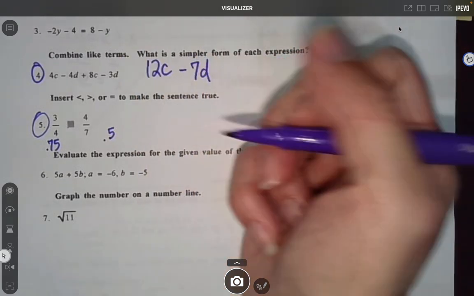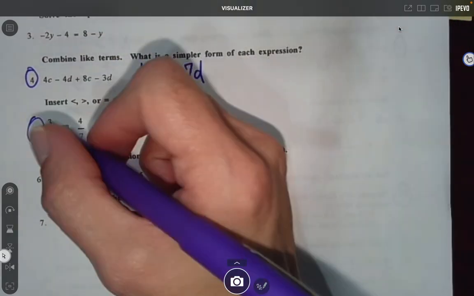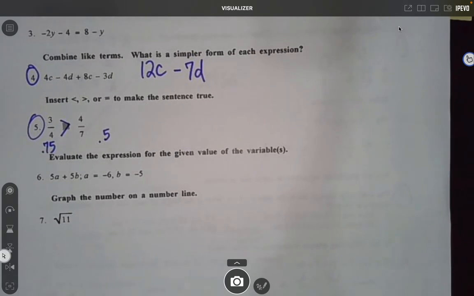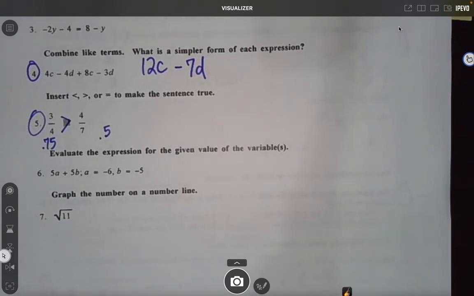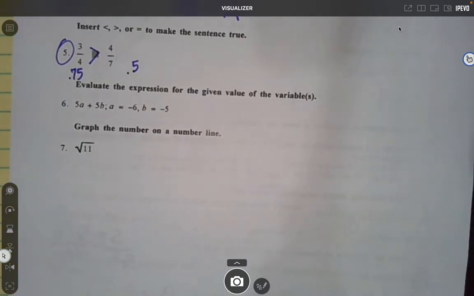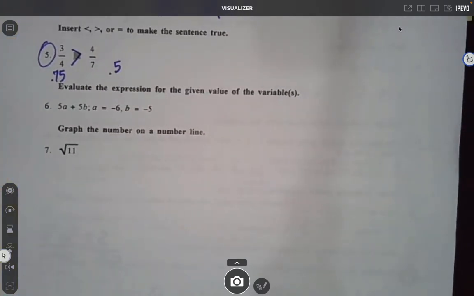Okay, so what are you going to write? Yeah, 3/4 is greater than 4/7. How was that? We're good? We want 10 of those on there? There's only one.